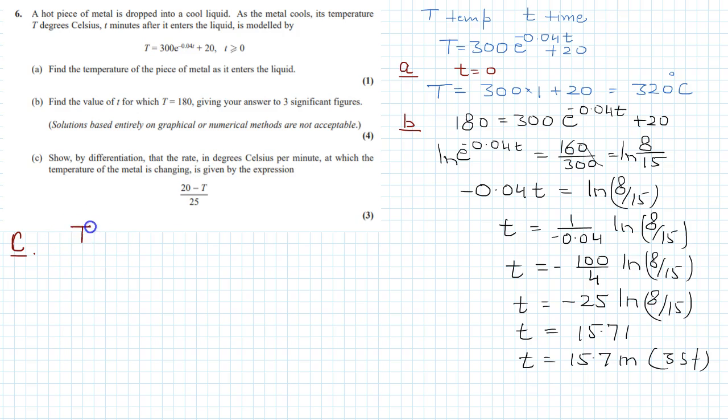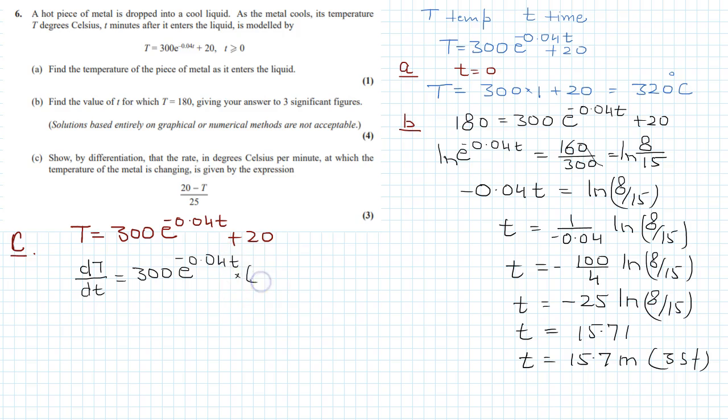So T is equal to 300 e to the power minus 0.04 T plus 20.